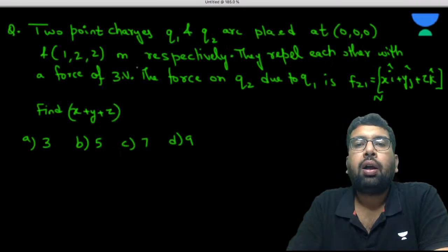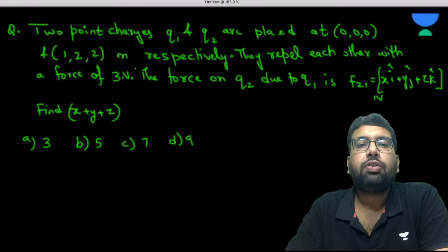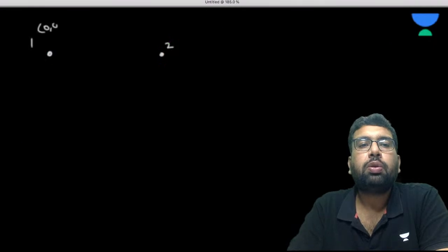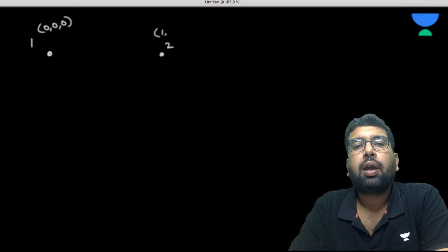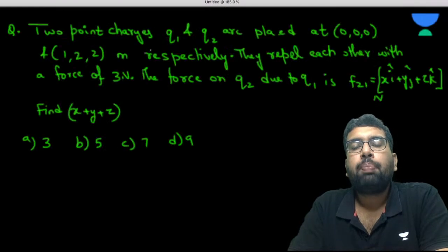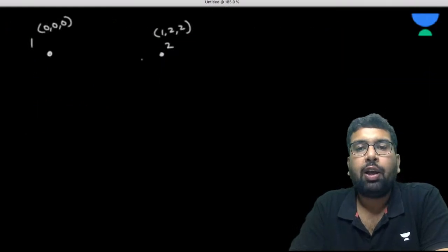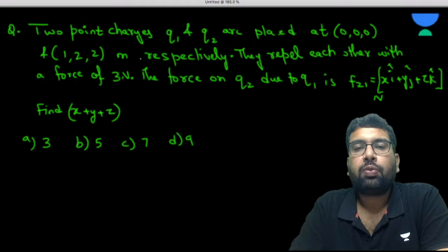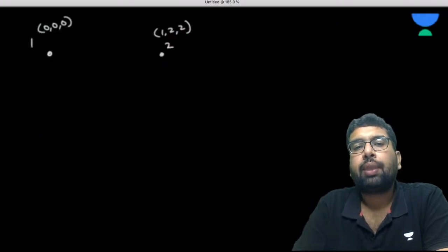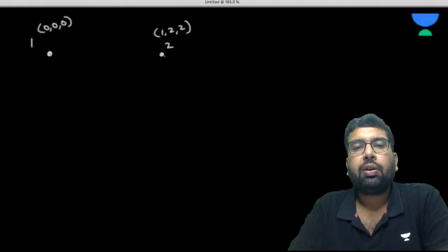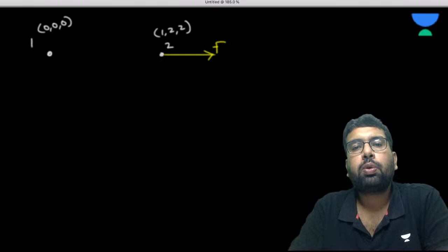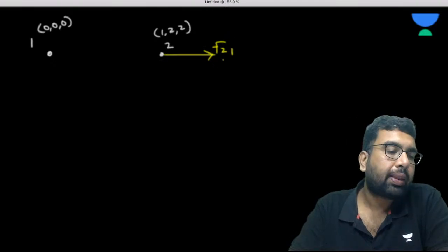They repel each other with a force of 3 Newton. Okay, very well. And the force on Q2 due to Q1 is going to be F21.